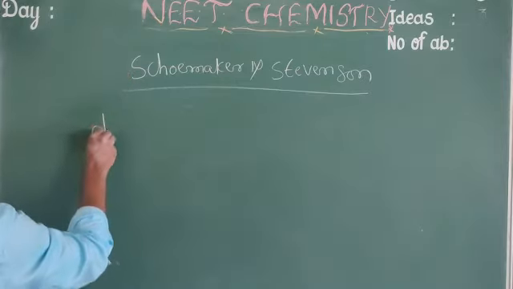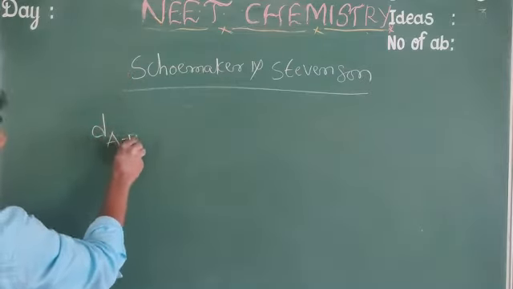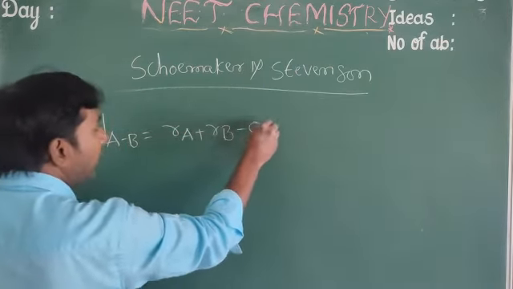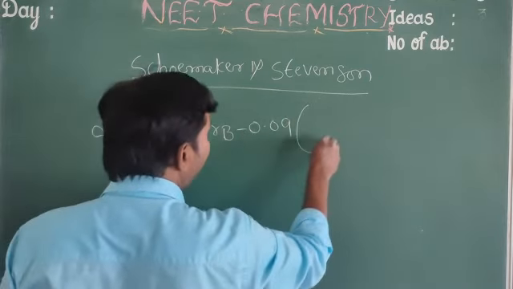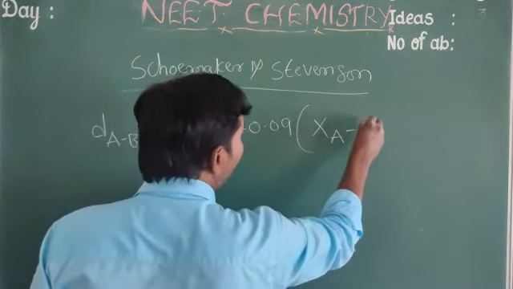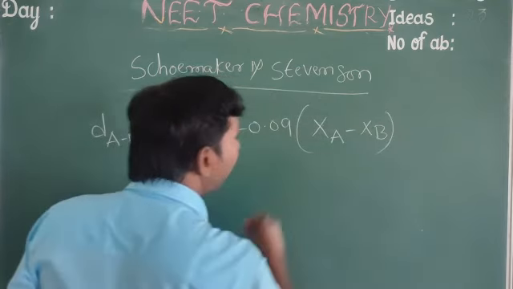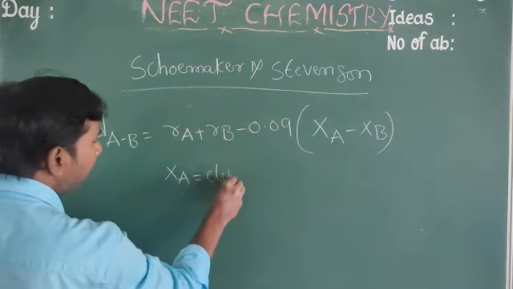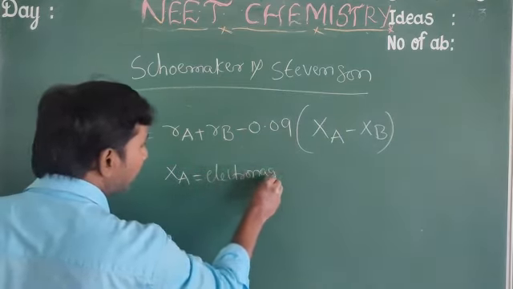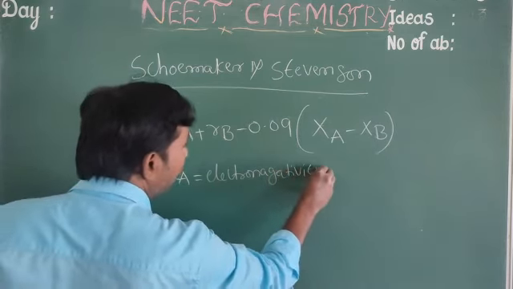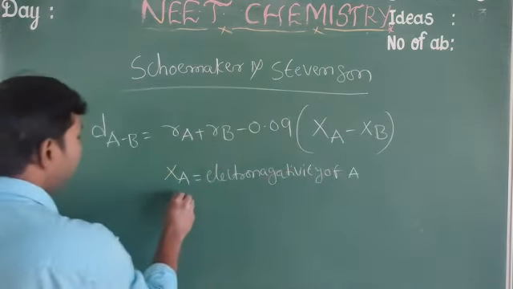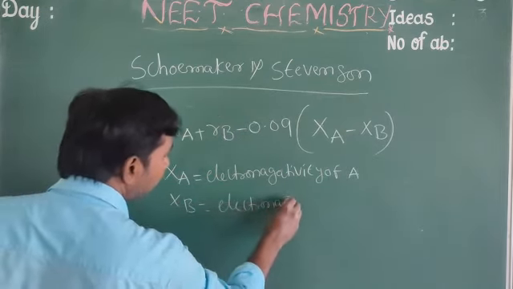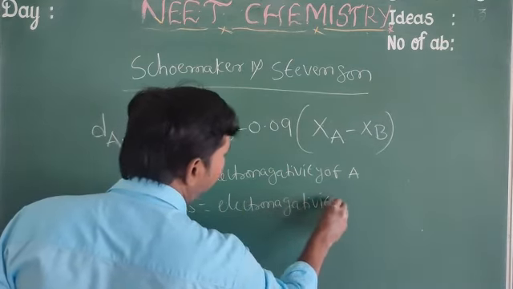In this, Xa means electronegativity of A, and Xb means electronegativity of B.